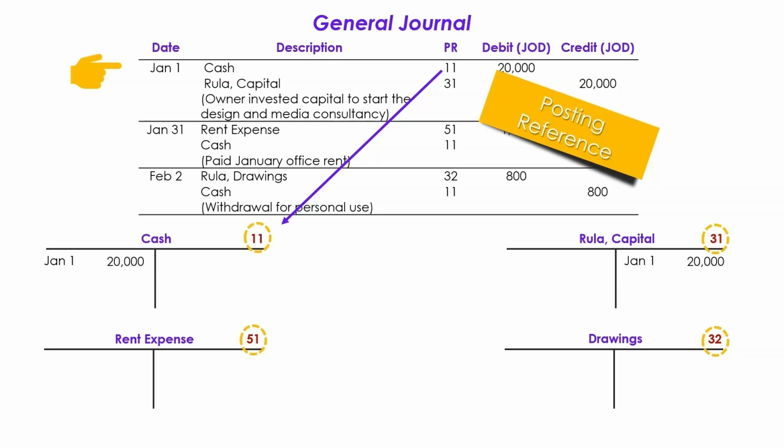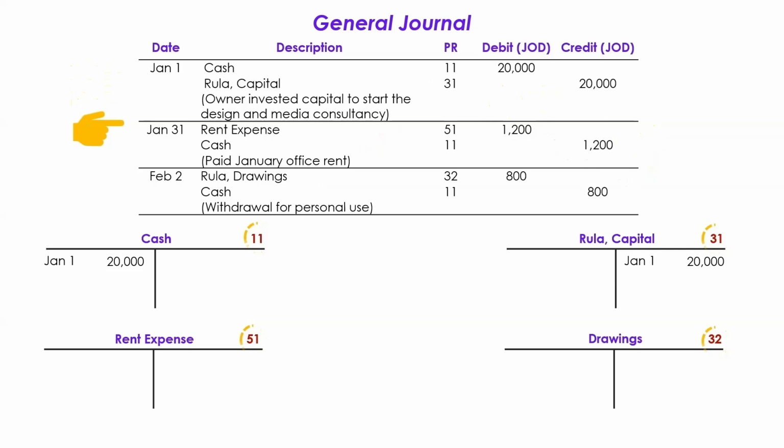Now let's look at January 31st. Rent was paid, 1,200 dinars. In the journal, we debited rent expense and credited cash. When posting, we post 1,200 dinars on the debit side of the rent expense ledger on January 31st, and 1,200 dinars on the credit side of the cash ledger.